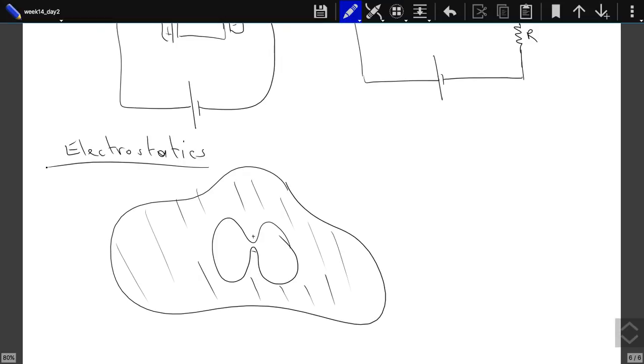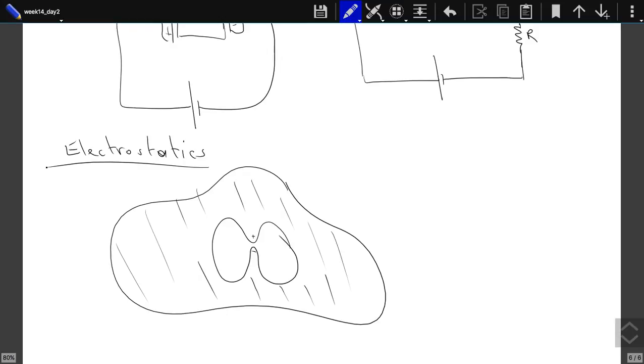Let's say 10 to the power minus 5 millimeters. Is that small enough? How can we prove that it cannot? Remember, we have Maxwell's equations.